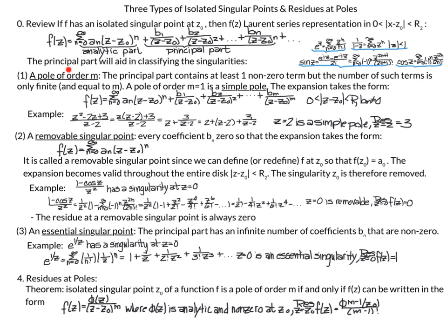So now we've looked at the 3 types of singularities. We have this last topic which pertains to poles of order m, and it makes finding the residue sometimes easier. It's this theorem here, which has a really intimidating looking form, but it's actually really easy when it is useful.